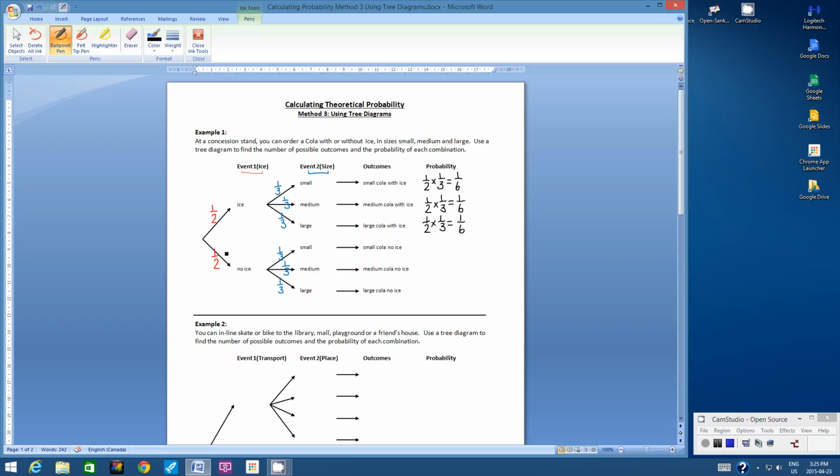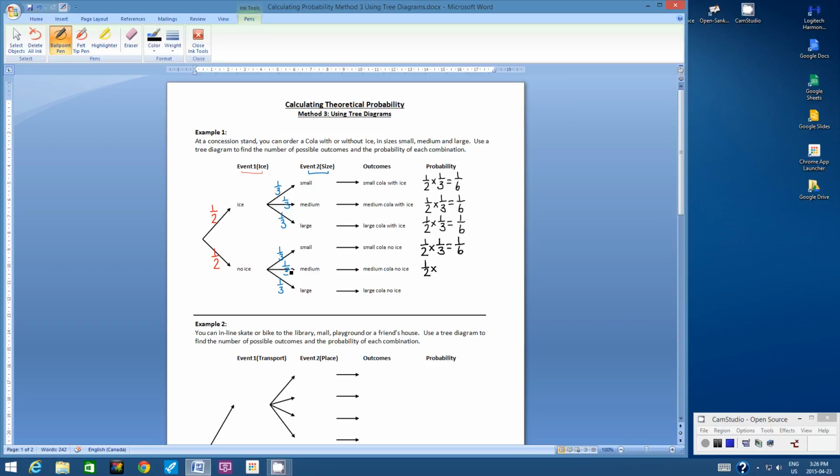So no ice is this branch down here. So the first fraction we see is 1/2 times, and then we want a small cola, so we go down the small branch and we have 1/3. 1/2 times 1/3 equals 1/6. Okay, so let's see if we're getting any faster at this. Medium cola, no ice. So no ice, the fraction we see is 1/2.